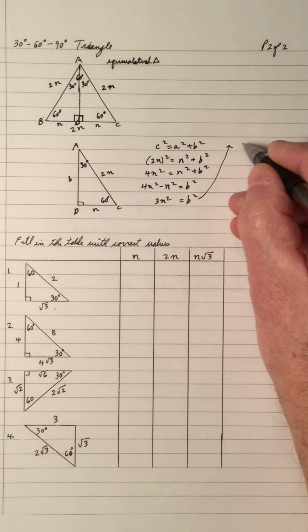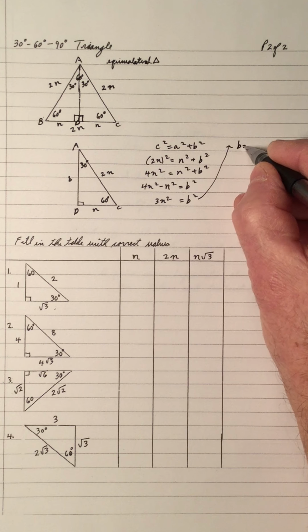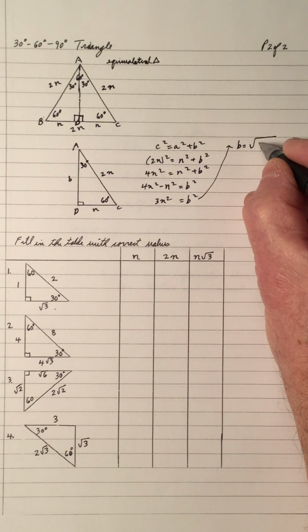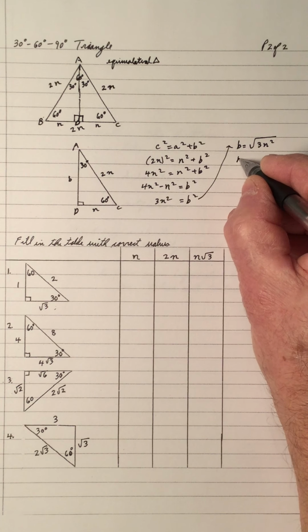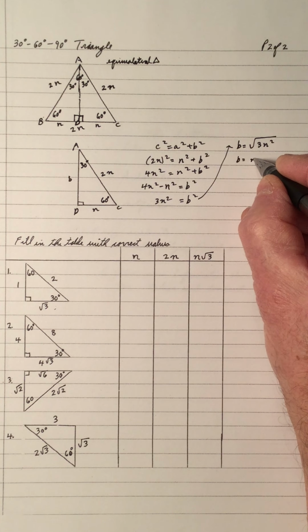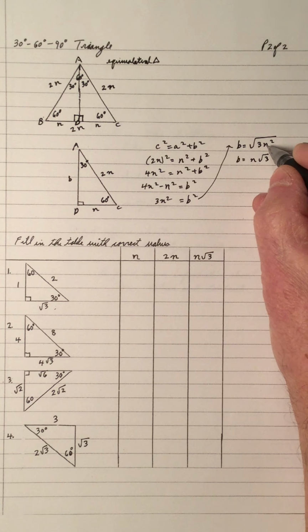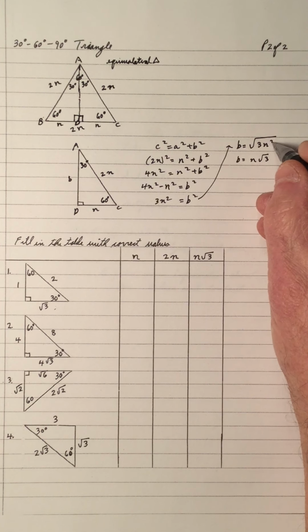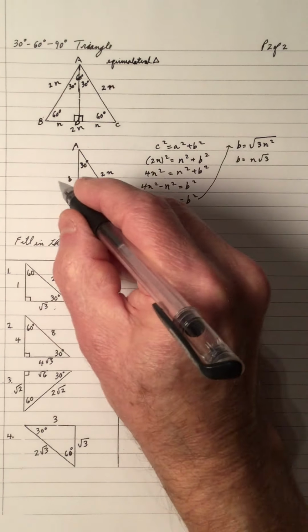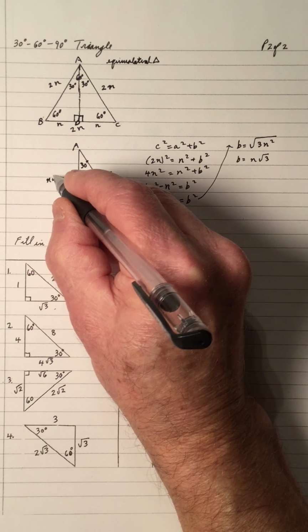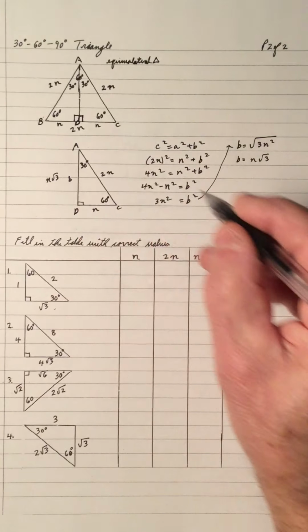That means b is equal to the square root of 3n squared. So b is equal to n root 3, because the square root of n squared is n, and we can't simplify the square root of 3. So this side here is n root 3 by using the Pythagorean property.